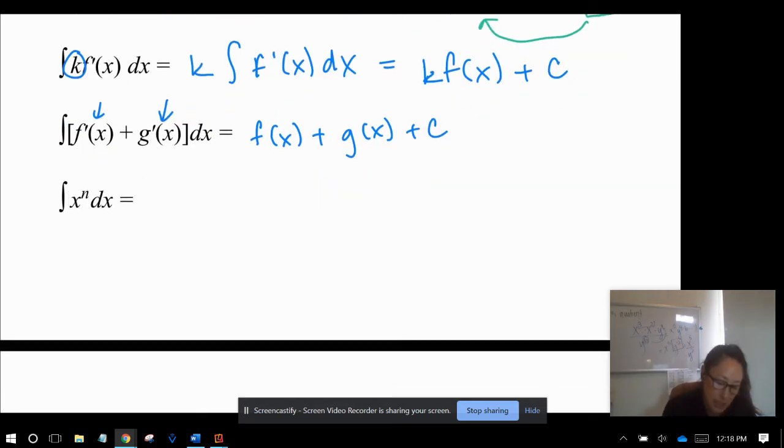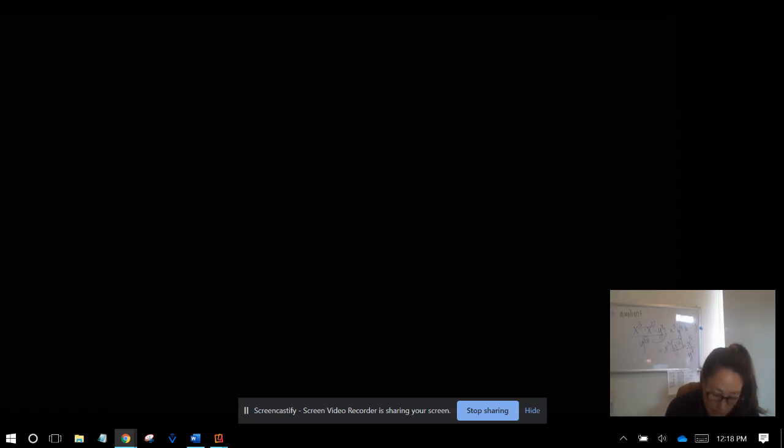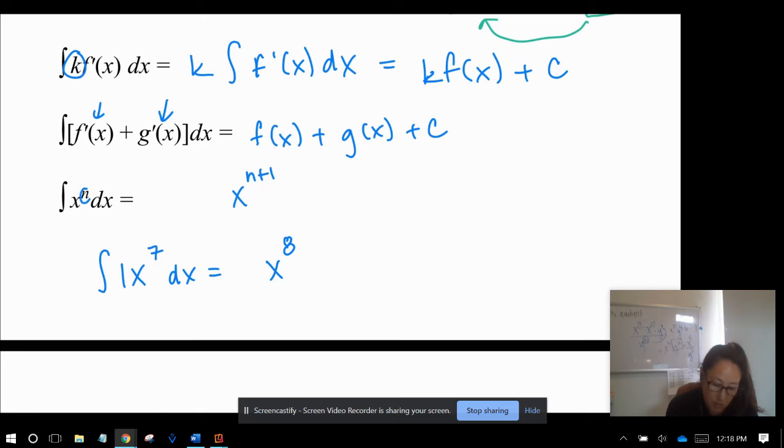Lastly, this is if we have a power. So for example, the integral of x to the 7th. There's an invisible 1 out here. dx. What I would do is raise the power, so x to the 8th. That would be x to the n plus 1, since our original power was n.